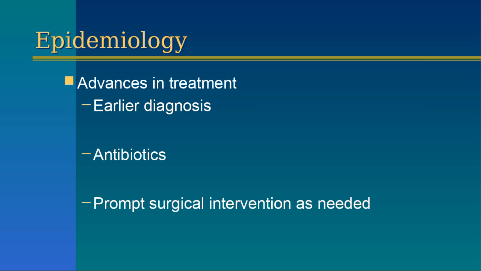It's a disease that is changing over time, and with the advances in treatment, early diagnosis, the antibiotic therapy that we use now in terms of combination polymicrobial therapy, we tend to get a better handle earlier on the disease process so that we can treat them appropriately. And we intervene surgically as needed. And if we can get in and achieve the goals of surgery, then we're one step ahead. It's a win-win situation.